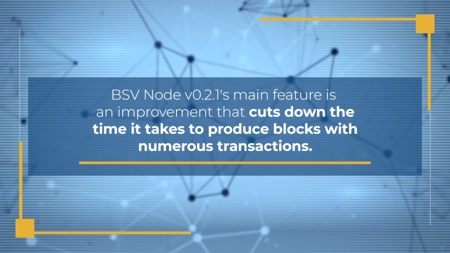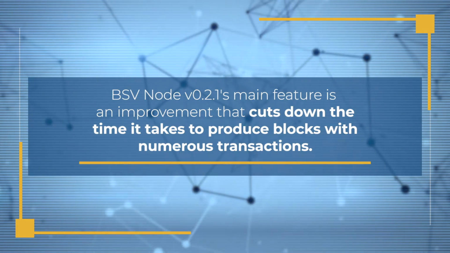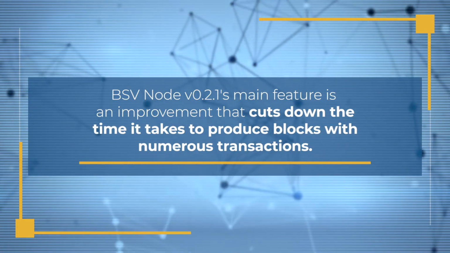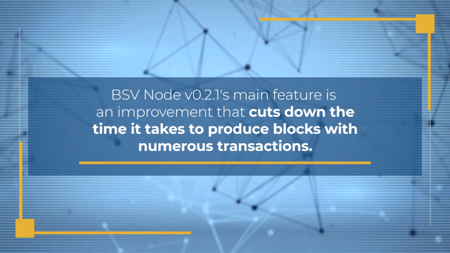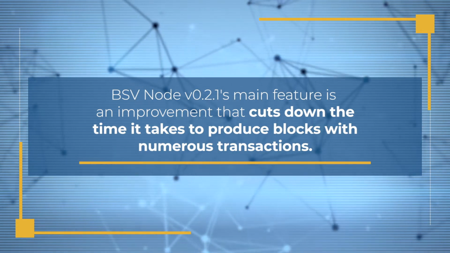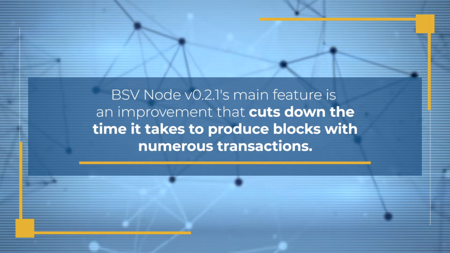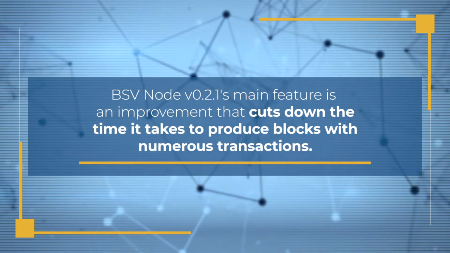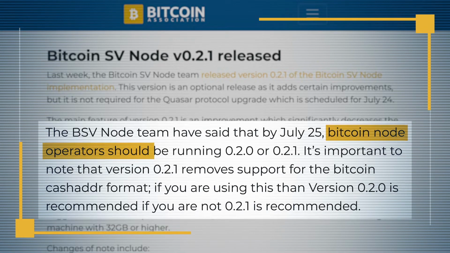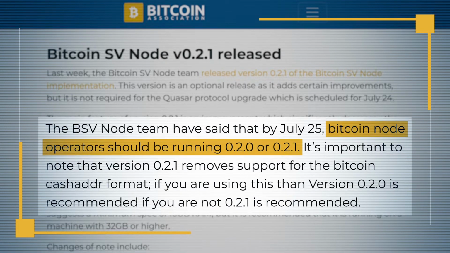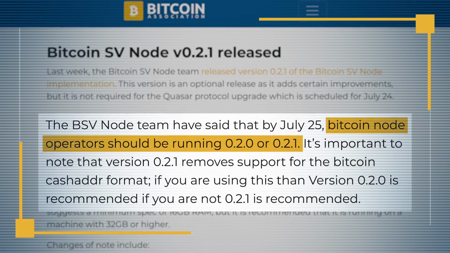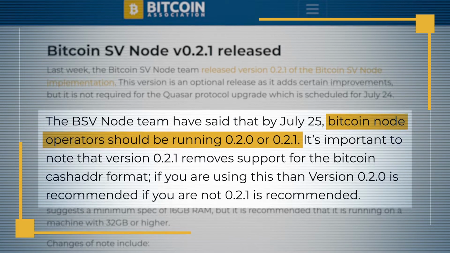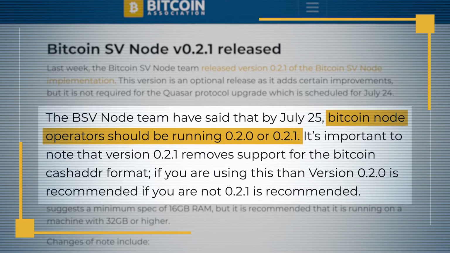Version 0.2.1's main feature is an improvement that cuts down the time it takes to produce blocks with numerous transactions. This enables miners to produce larger blocks even more easily on the BSV network. Bitcoin node operators are encouraged to run either the version 0.2.0 or this new version 0.2.1 node implementation.